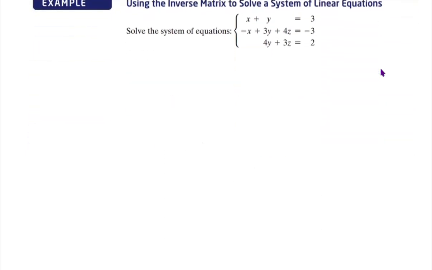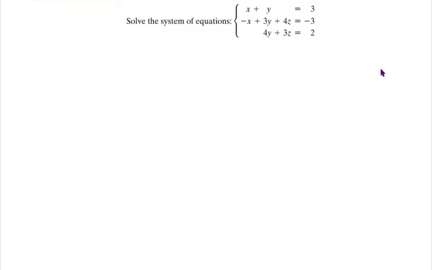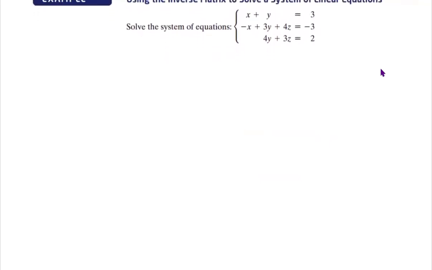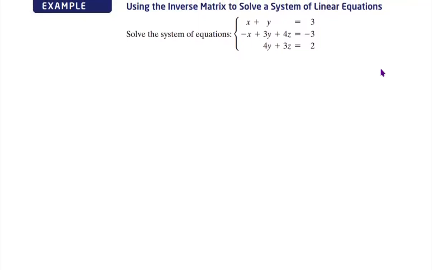And lastly, we want to solve this system by using matrix. So you do the same thing that you would do when you're looking for the inverse of a matrix.